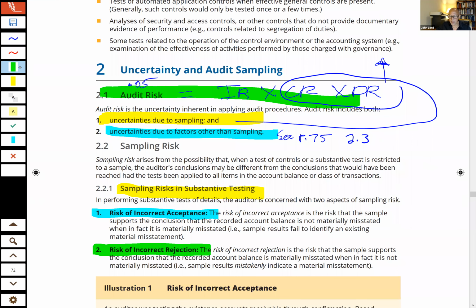Now, are these mistakes made by the auditor? No. It's an incorrect conclusion made by the auditor because the sample lied to us. And it can happen. You know it can happen because you wouldn't eat those apples that I told you to. So you instinctively know that a sample cannot be representative of a population, right?